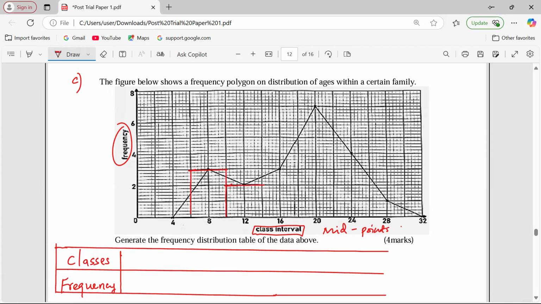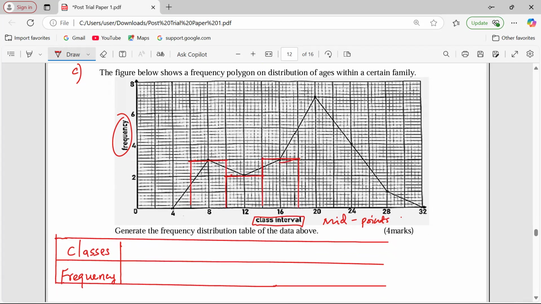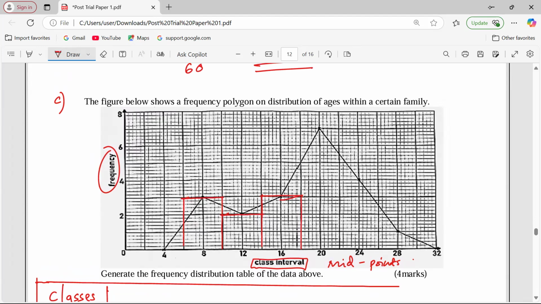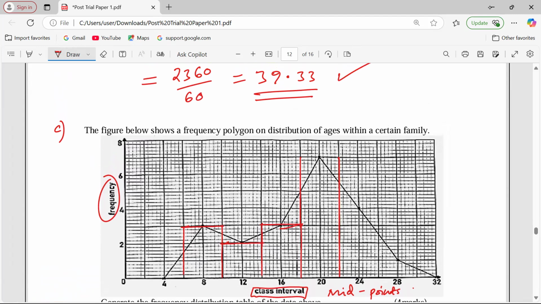You see this? This way. So the mid of the bar is that one. Then the next bar is at this point.